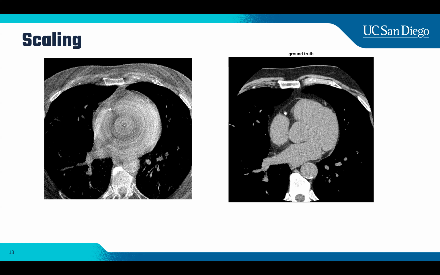Remember we said they go in there once a day and they scan water and set that to 0, and they set air to -1,000, and then everything else falls into place. All of the other pixel values, you don't care what kind of tissue they are. They just take their value relative to water being 0 and air being -1,000.